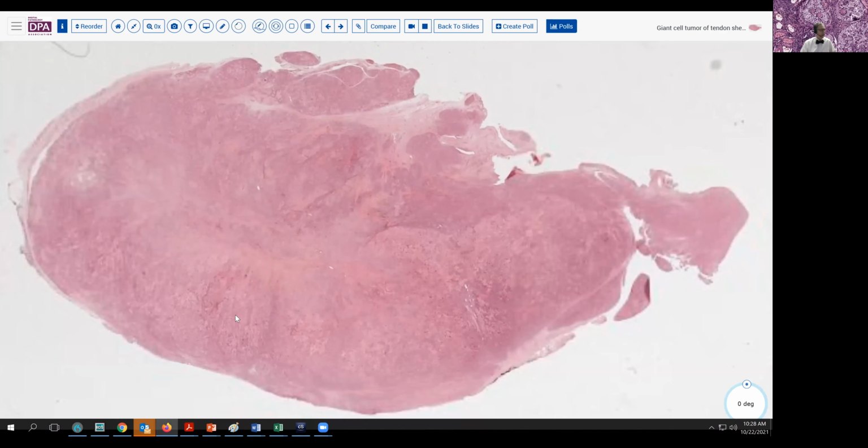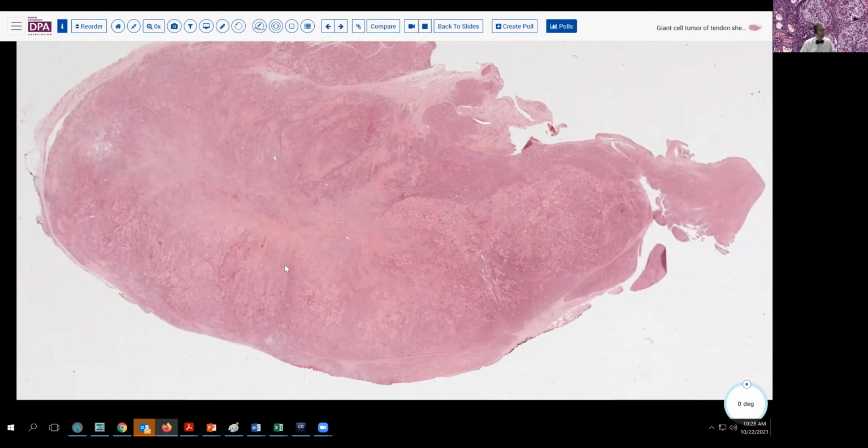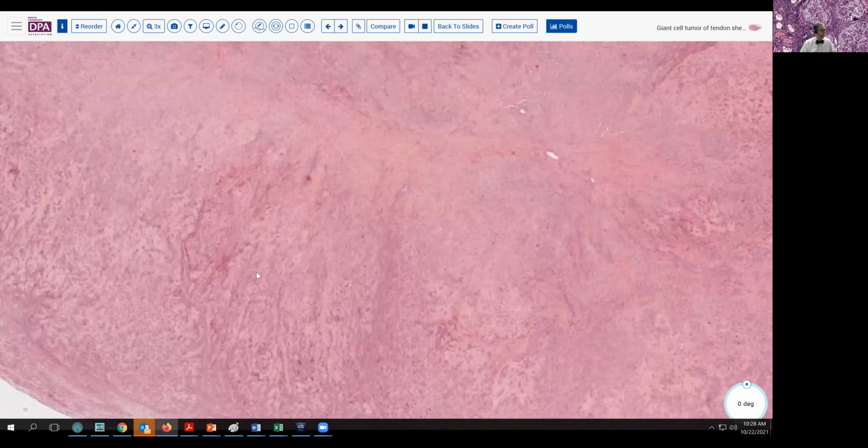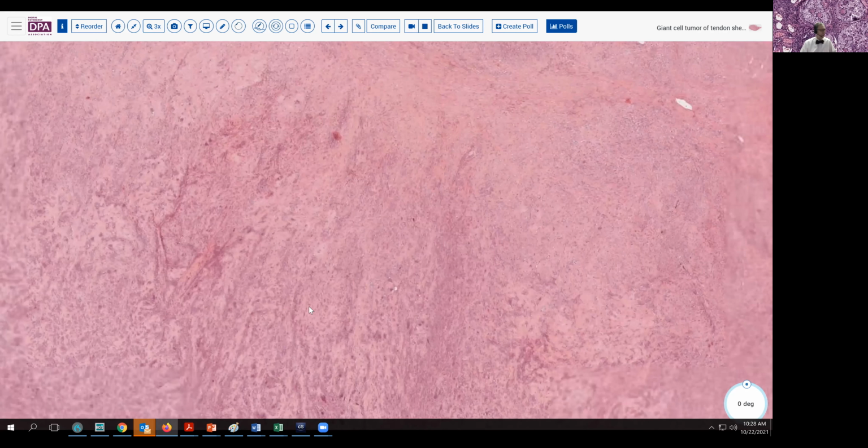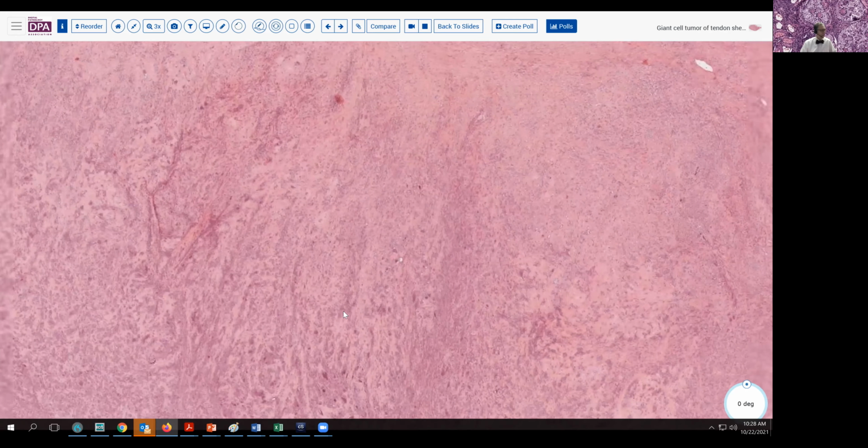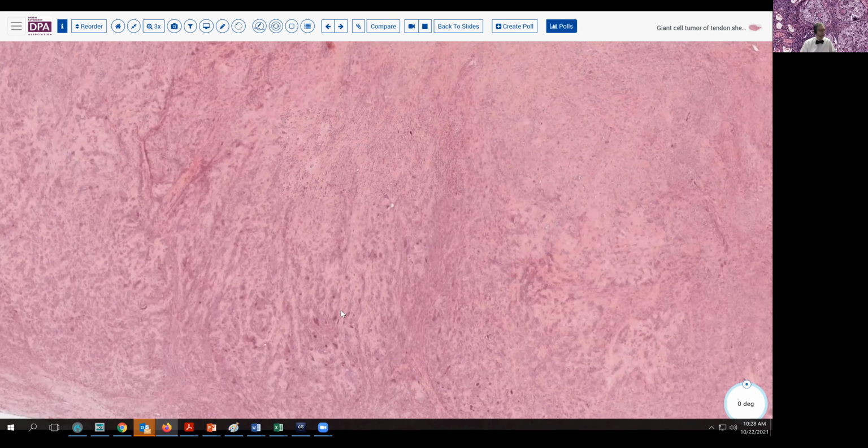And then one last case here, again, to illustrate the spectrum, with a little bit less obvious lobularity, but lobular overall. And I think even at this very scanning magnification, you can appreciate that there are some giant cells in here. And they begin to pop out as quite abundant as we come into higher magnification.